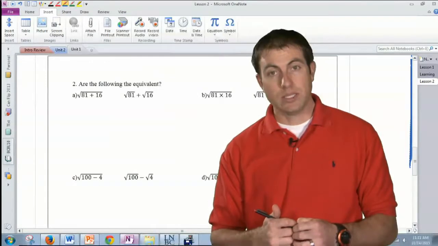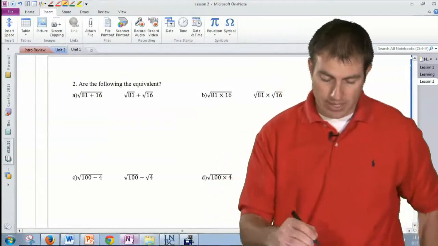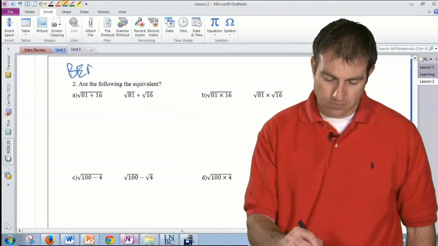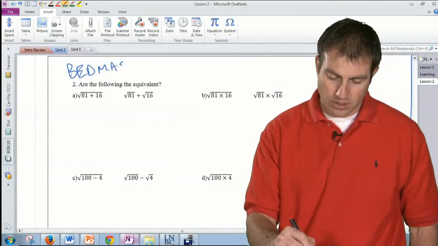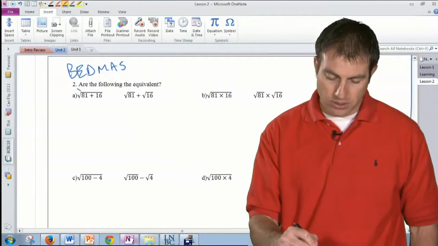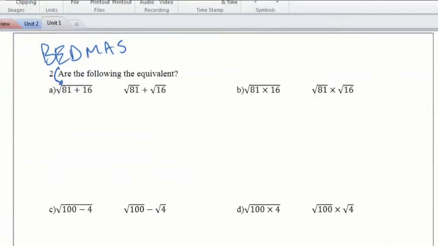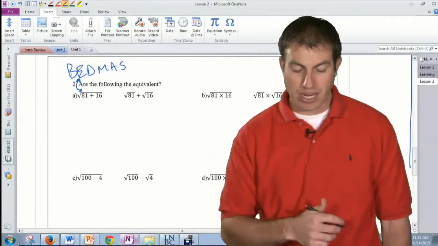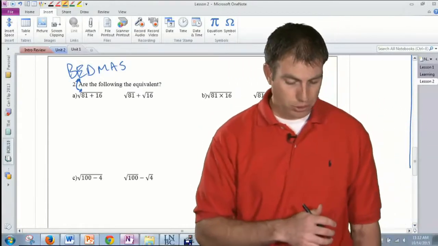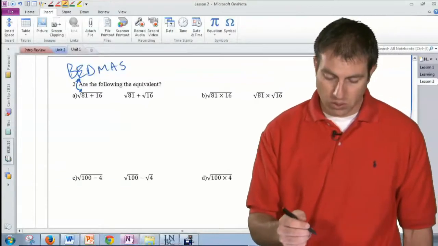When we deal with order of operations, BEDMAS, technically speaking, a radical sign is treated the same as an exponent. So the radical sign would be equivalent to an exponent in our order of operations. We'll look at why that is in the next unit, unit 3. But for now, you're just going to have to trust me. You can kind of deal with it as a bracket.